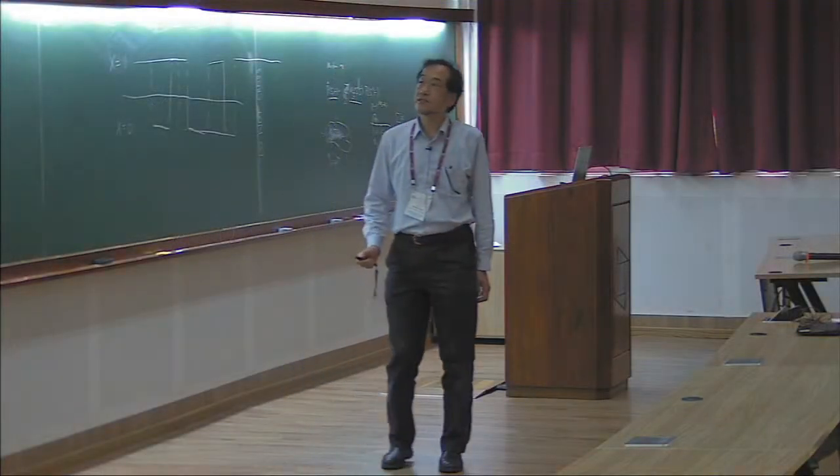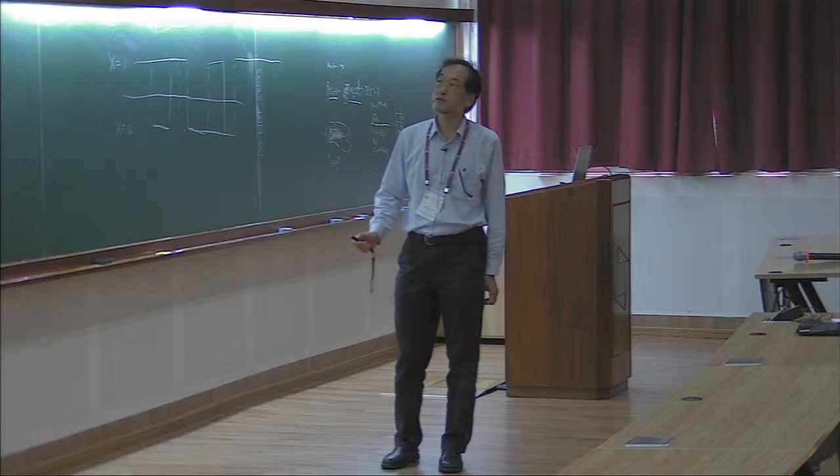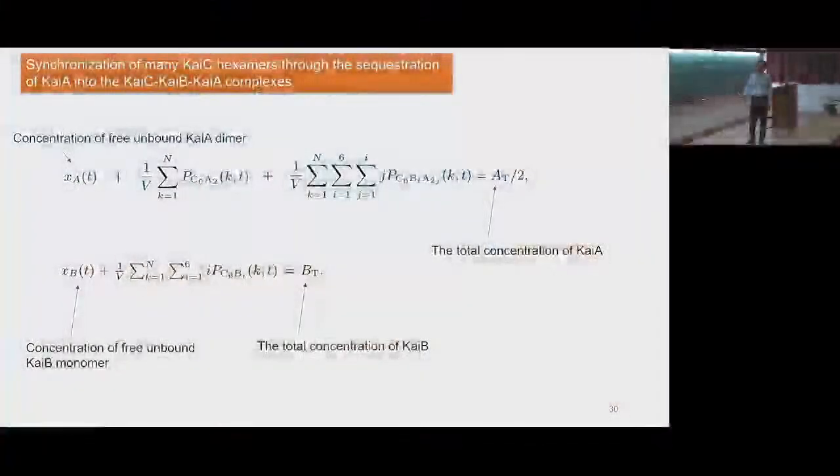And this is the constraint for the constant KaiA dimer concentration and constant KaiB dimer concentration. It consists of the free unbound KaiA dimer concentration, the concentration of the KaiA dimer bound on the C2 side, and the contribution from the KaiA binding on the C1 side.